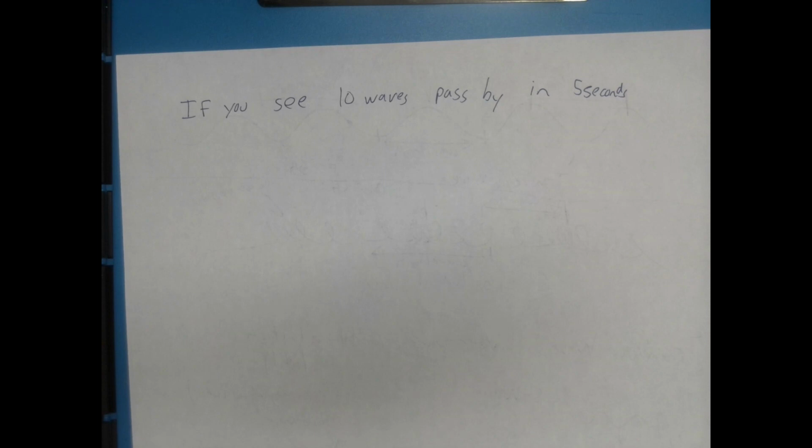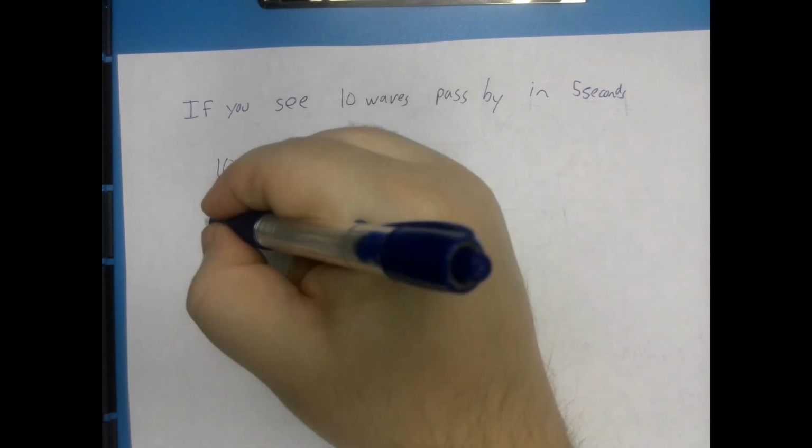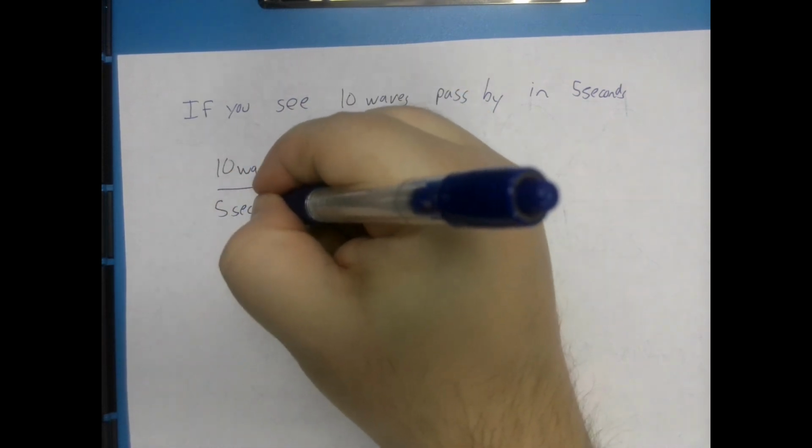Does it tell you the speed of the wave? What's the wave speed then? So you took 10 waves and divided it by 5 seconds.